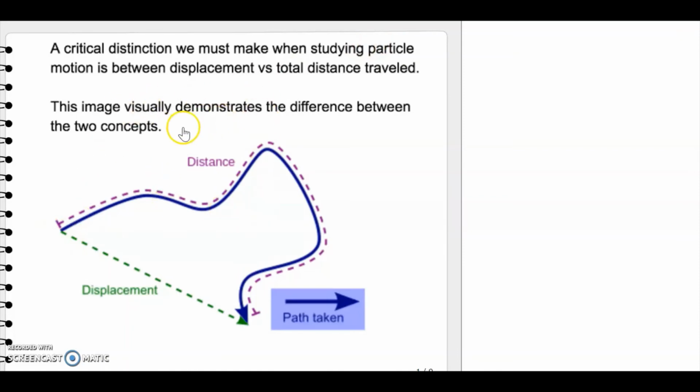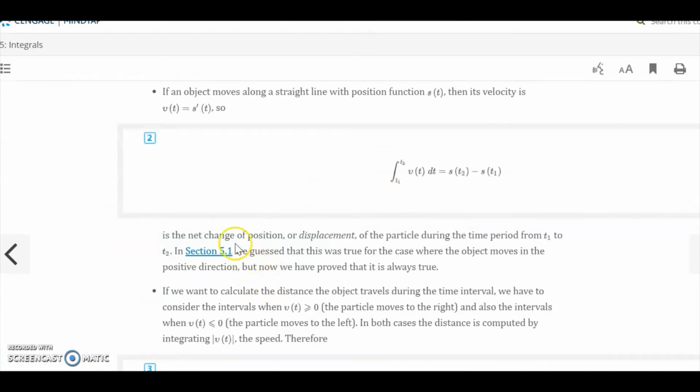And this website takes you through more in depth if you're still confused about that. And then they talk about right here, the net change in position is the displacement. So when we're integrating, we're just going to integrate as normal to find the displacement of our object. If we want to calculate how far the object travels during the interval, instead of just taking the net change of position, we want everything to be positive.